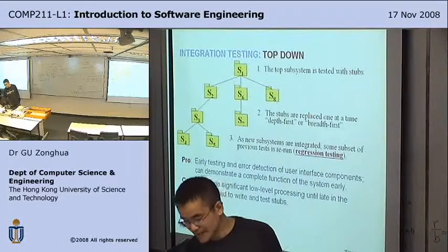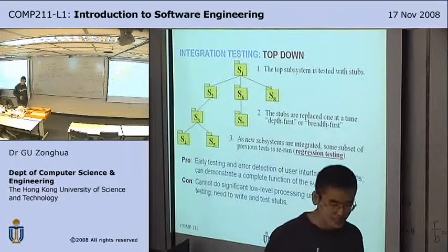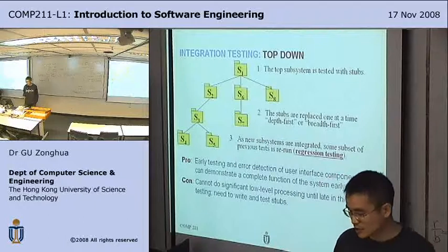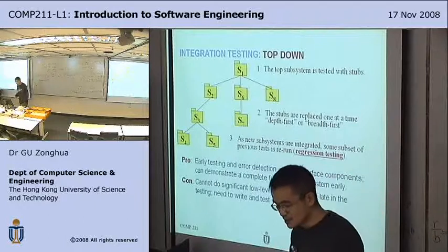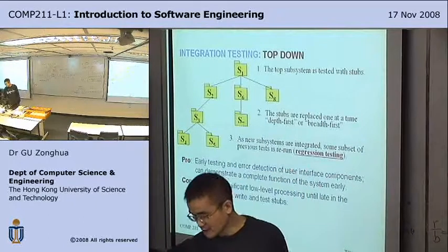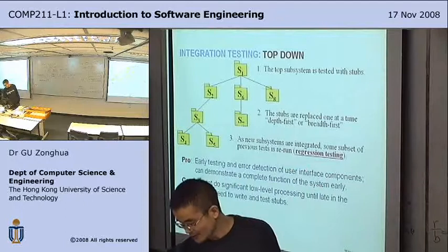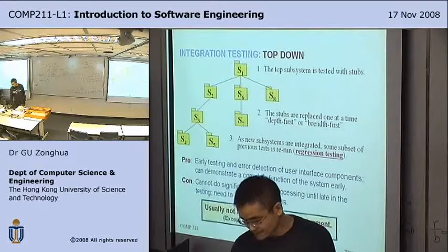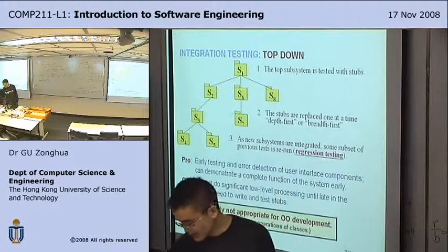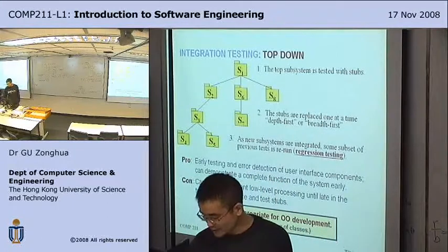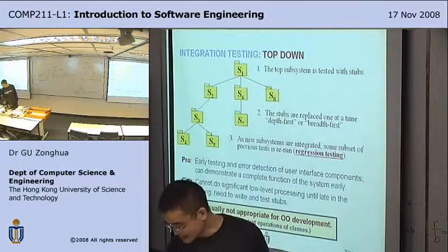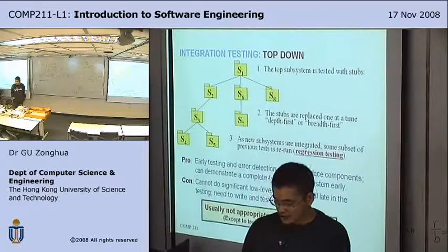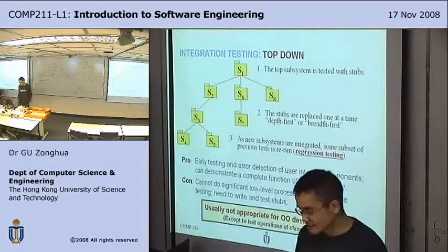And also, you don't get to the low-level processing, like the database processing or low-level networking layer, etc., until very late in the project. So it's usually not appropriate for all development, except to test operations of classes.